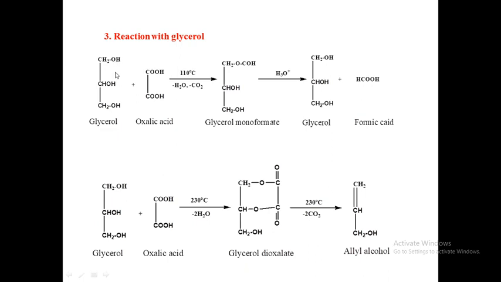When glycerol is reacted with oxalic acid at 110 degrees Celsius, it gives glycerol monoformate as an intermediate, which on acid hydrolysis gives formic acid, and glycerol is regenerated.